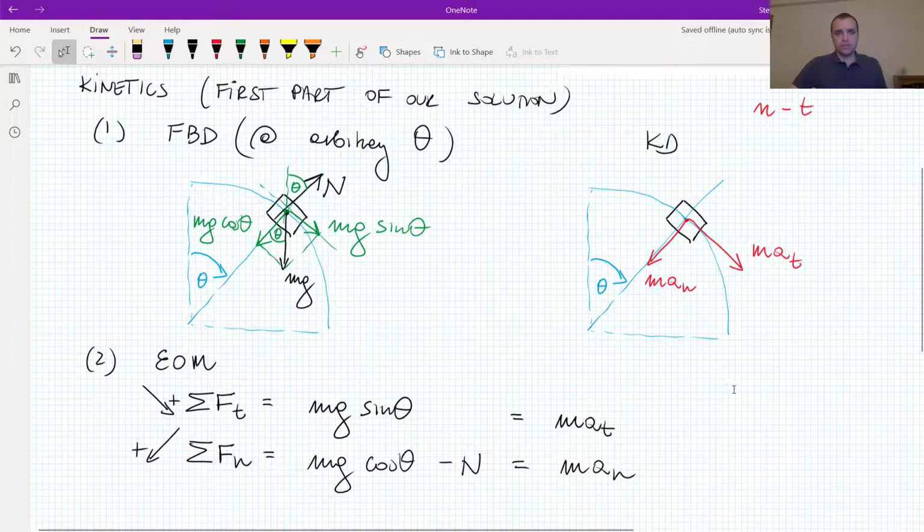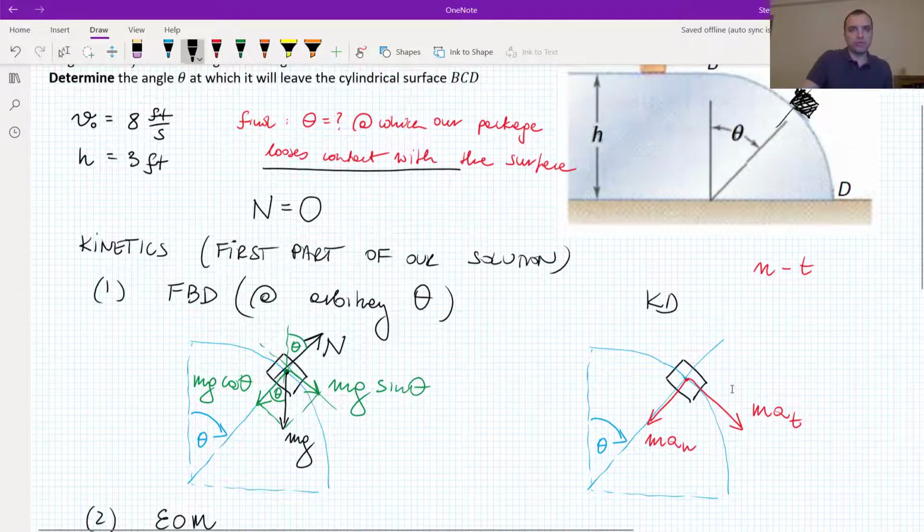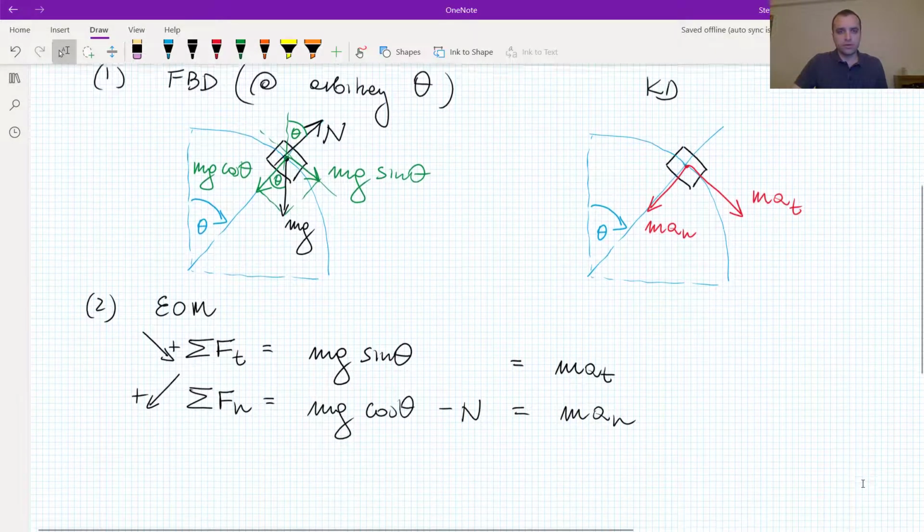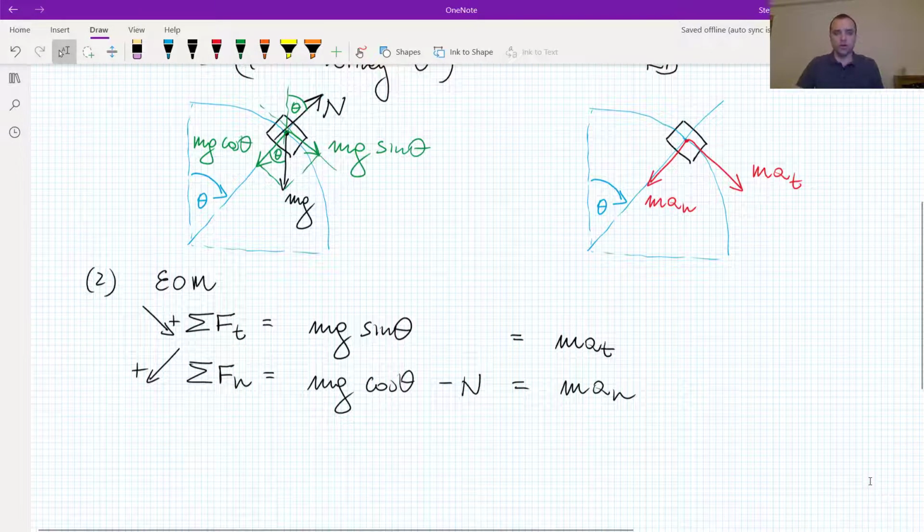So basically, my goal in here is to find expression for N, because I hope that you remember, we would like to find expression for N, and then we would like to set N to 0. So I think that all of you know which equation I'm going to go for. I'm going to go for this expression.